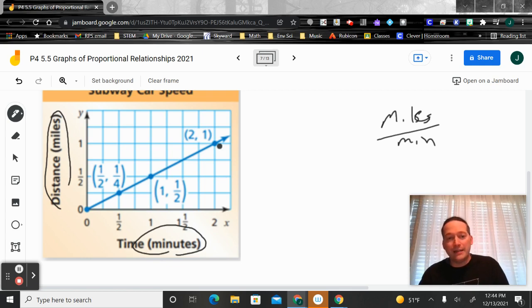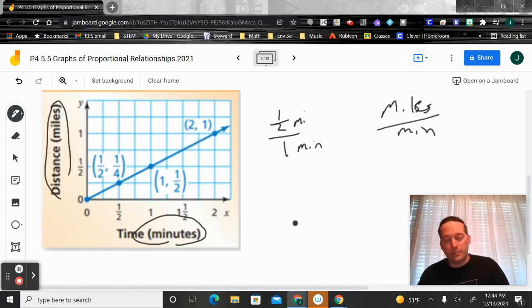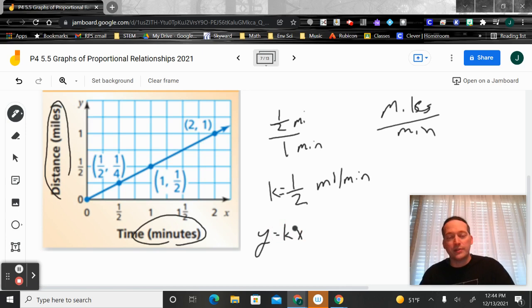Now, I can choose any of these points. This is the easiest point, all right? If I do 1/2 over 1, so 1/2 mile in a minute, okay? So this would be y divided by x would happen to be 1/2. Okay, so it's 1/2 miles per minute. Now, if I needed to write the equation for that, the equation is always in the form y equals kx.